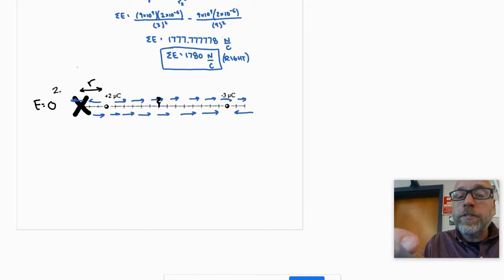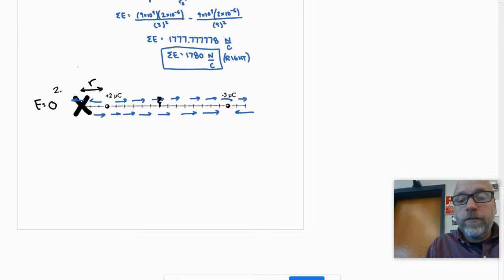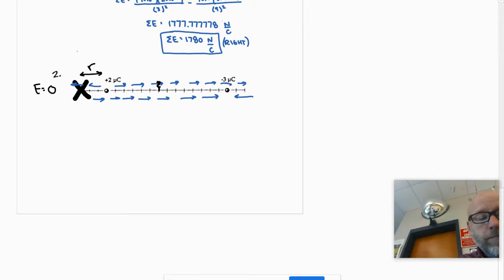Now, up above, we just found what was the sum of the electric field. This time, we're going to find where it's equal to 0. So the sum of the electric fields is equal to 0. My plus 2 charge is going to be pointing in the negative direction. I'm going to call that negative E2.